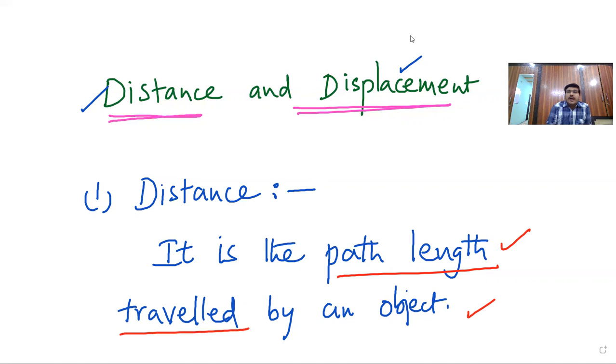Observe here. I take a simple example. Let us say that there are 2 points. This is one point A, the other point B. Clear? And the journey is starting from A. Let us say we are traveling from A to B by this way, and reaching B position.